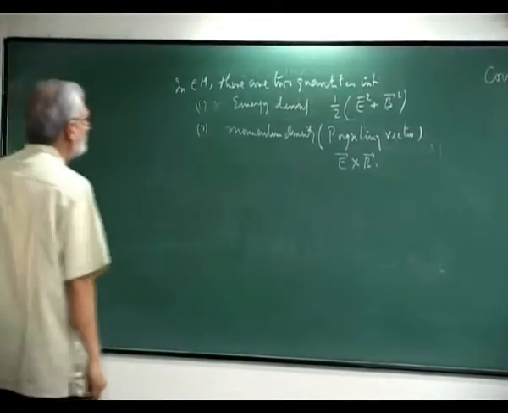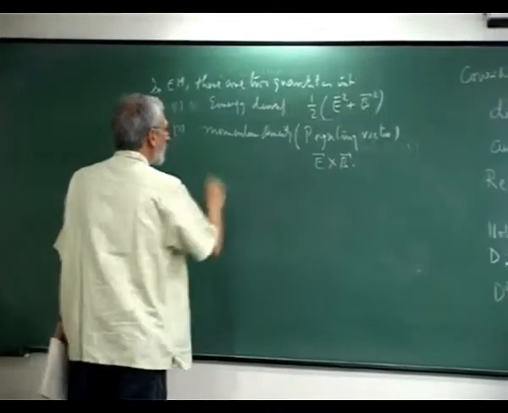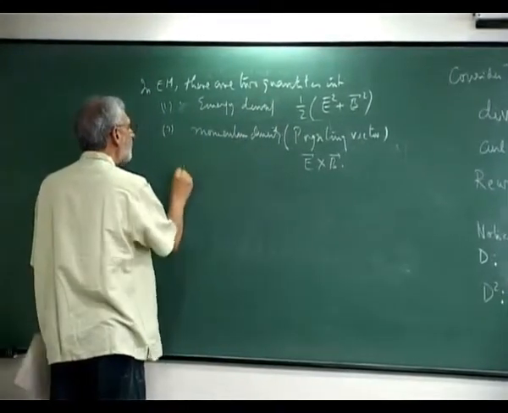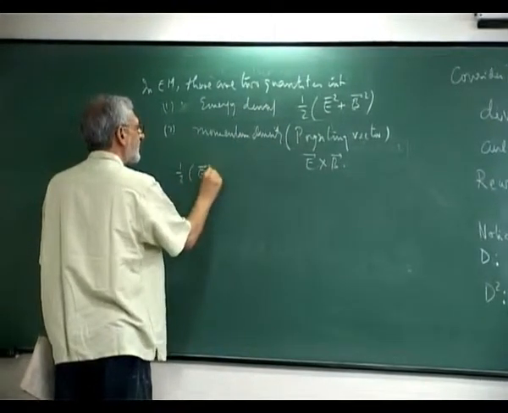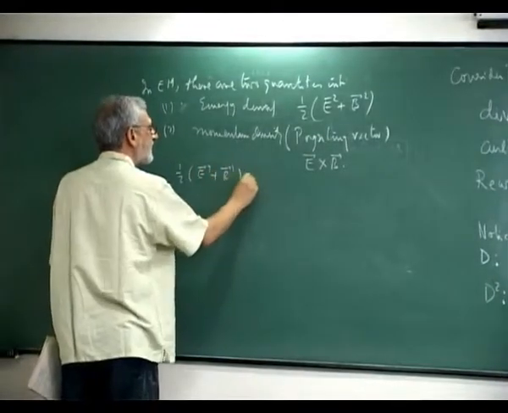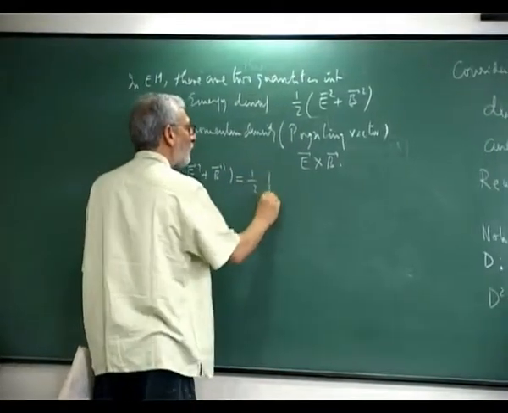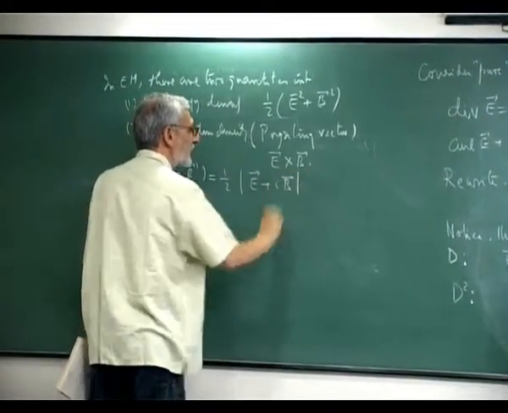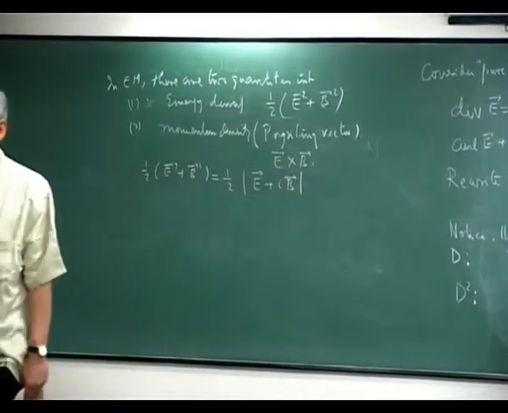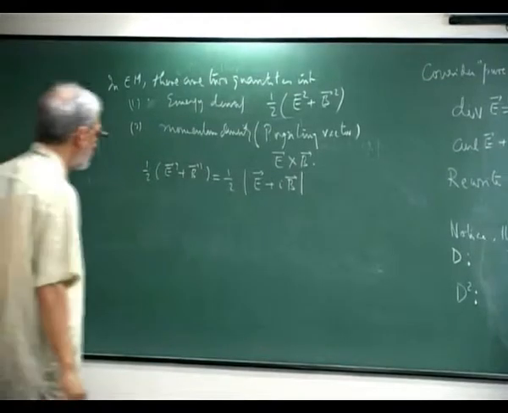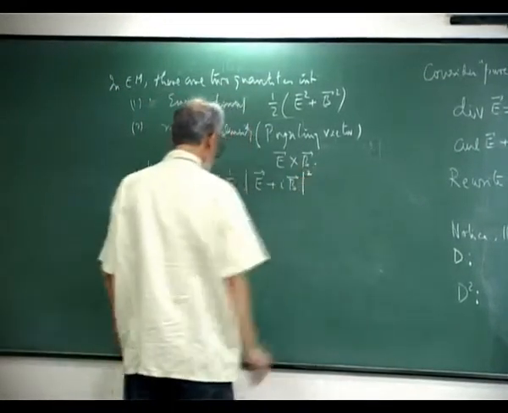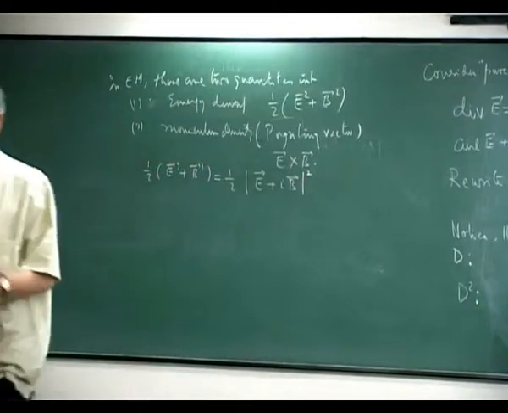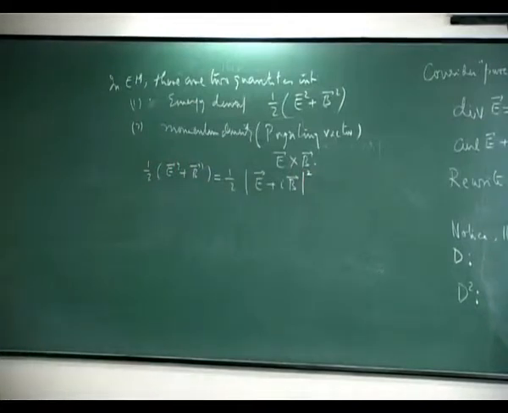So let me rewrite them. I can rewrite half E square plus B square as half mod of E plus iB square. That's just rewriting.